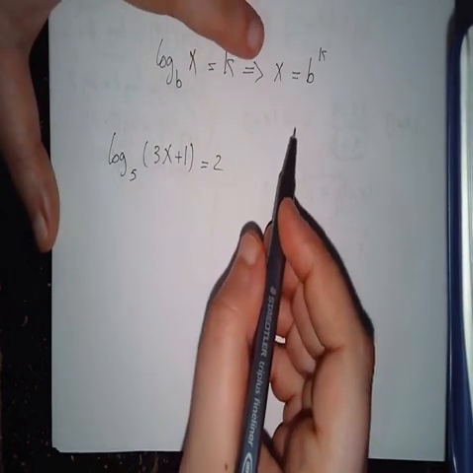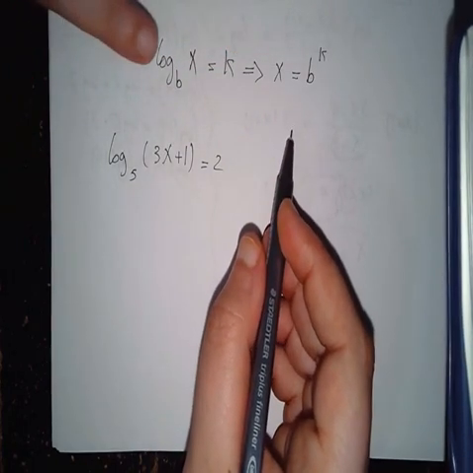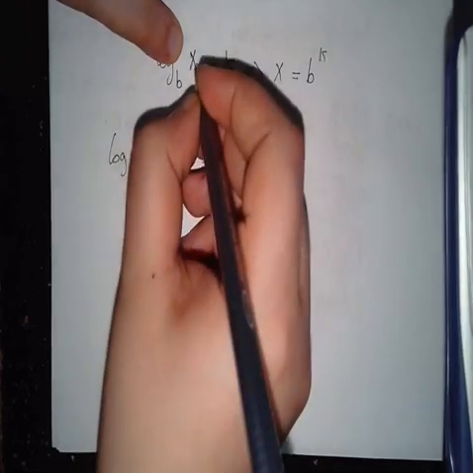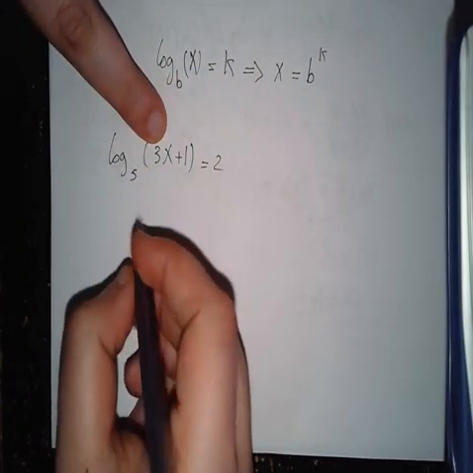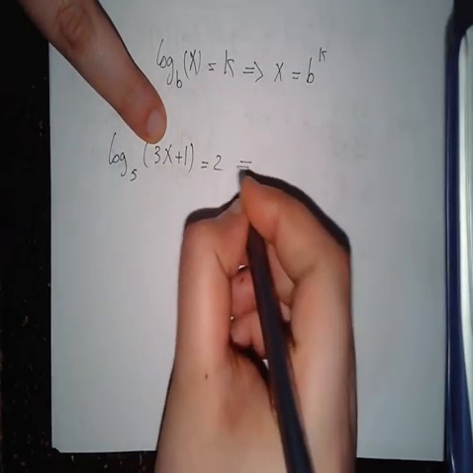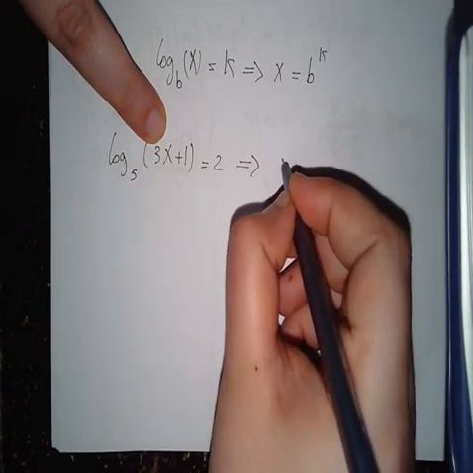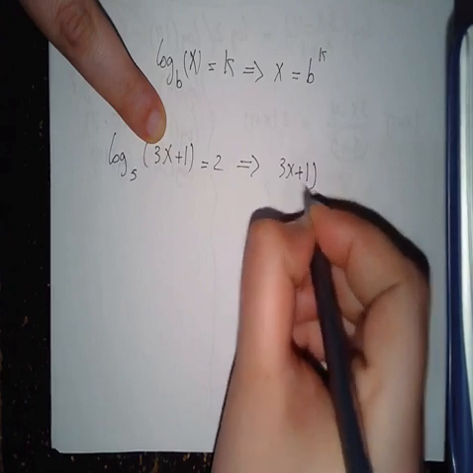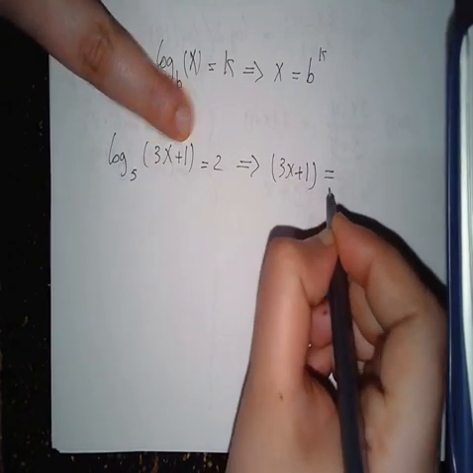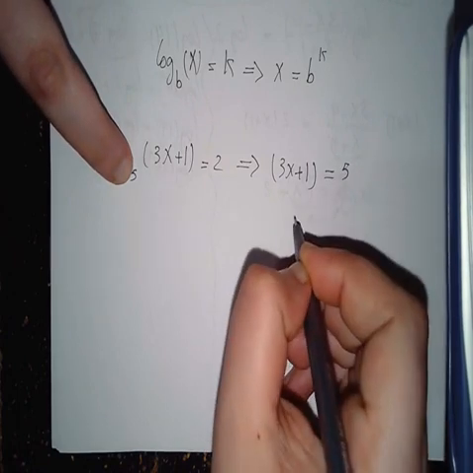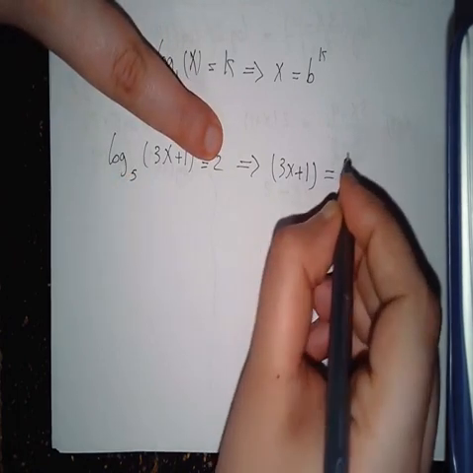To convert it back to the exponential, the inside of the log, 3x plus 1, is going to be on one side. I'm going to write it like this. Convert, right? So it's 3x plus 1, which is the inside of the log, and it equals the base, which is 5, to the power of the answer, which is 2.